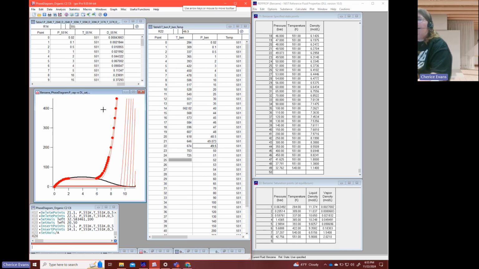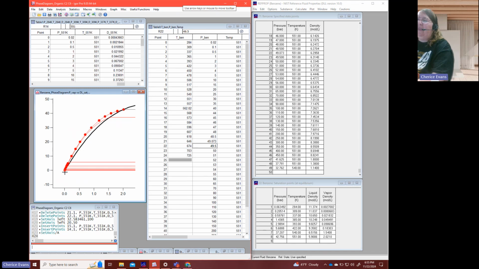Now in the gas region, again, reducing the total number of points there. Don't need all these points down here. Maintaining the order of magnitude. So this and this are an order of magnitude difference. That's an order of magnitude different, but this point is not really.